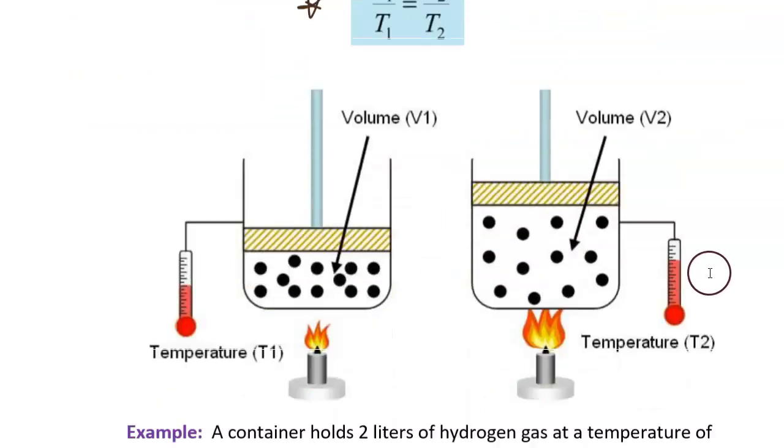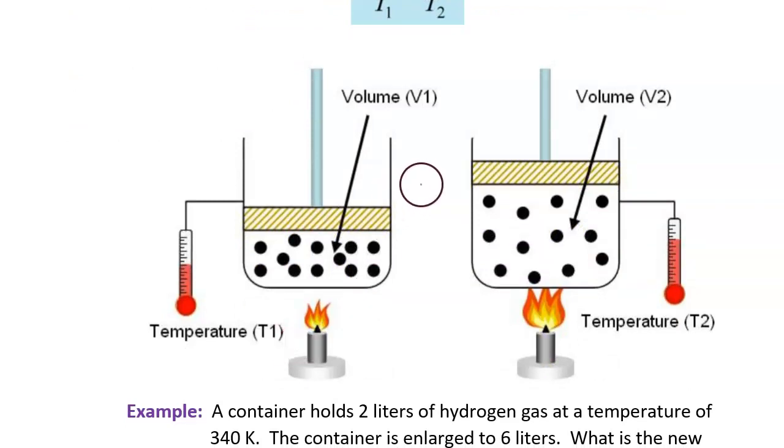Here's a diagram that shows Charles' Law. On the left side, we have a container. The black dots in the container are gas particles. The gas particles are at a particular temperature, which can be read with the thermometer on the side. Now a change happens. The burner flame is turned up stronger so that the temperature of the gas increases.